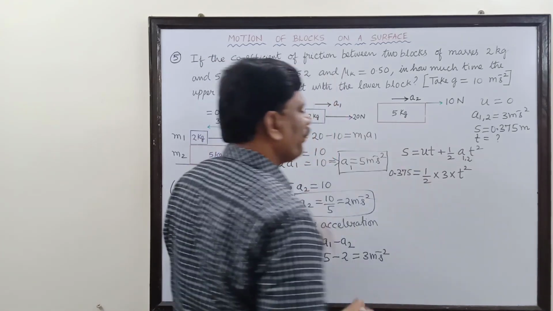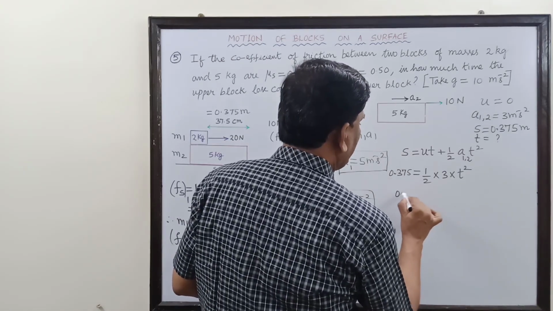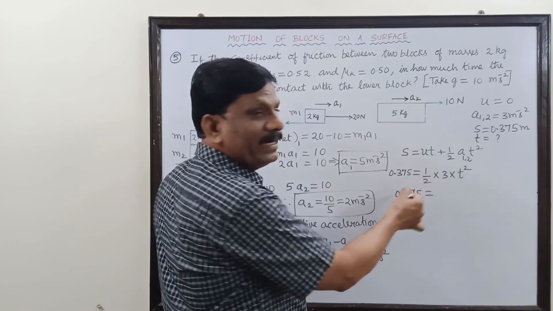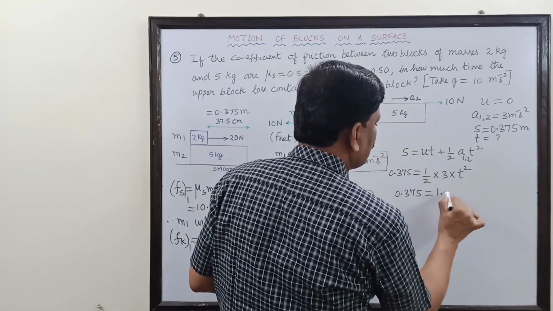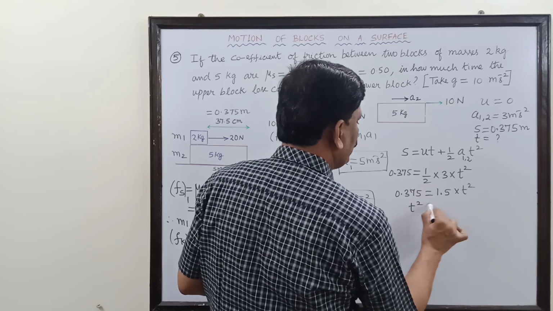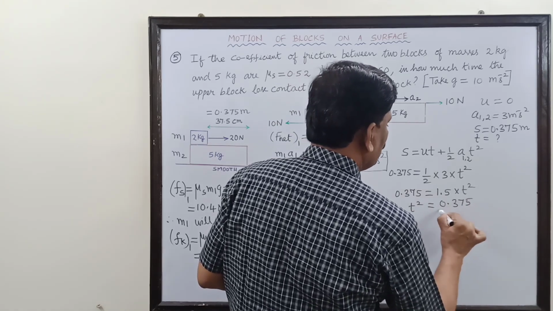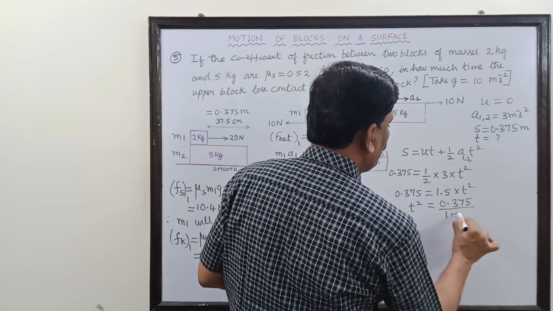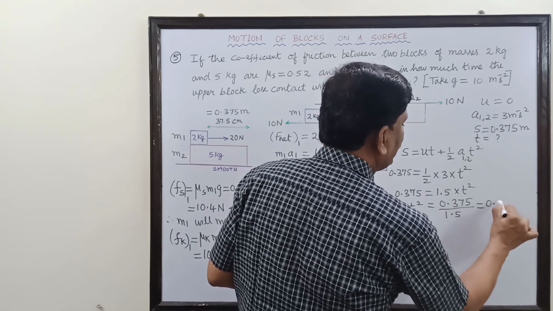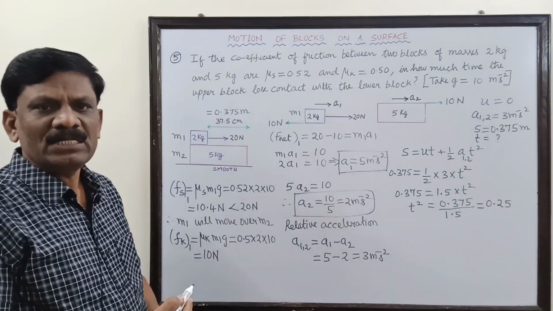So 0.375 is equal to 3 by 2 is 1.5, so this is 1.5 into t square. So t square is equal to 0.375 divided by 1.5, so this is equal to 0.25.